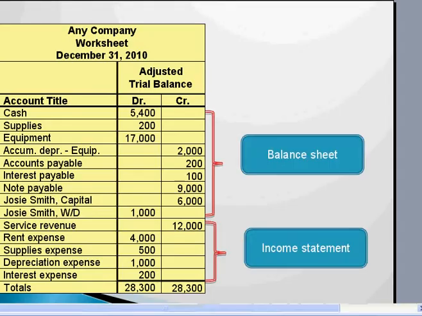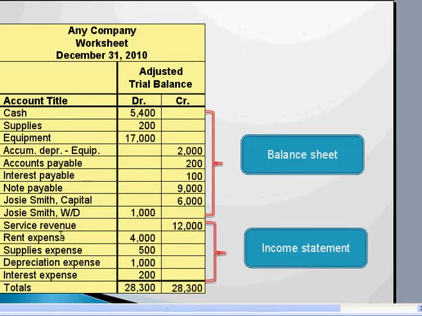Now, if we go back to the worksheet, what we're doing is we're pulling amounts from the adjusted trial balance column to come up with our income statement and our balance sheet.